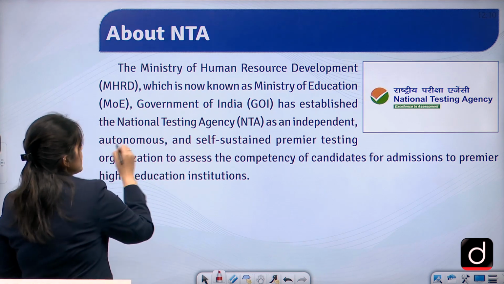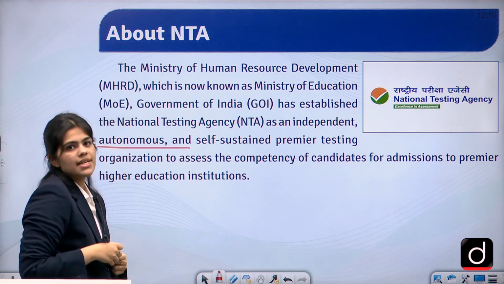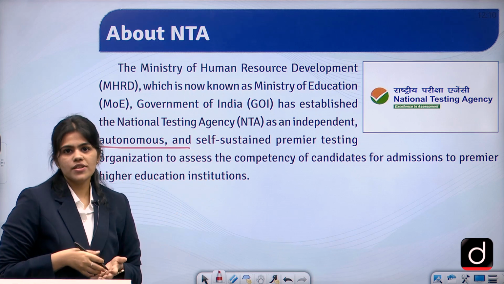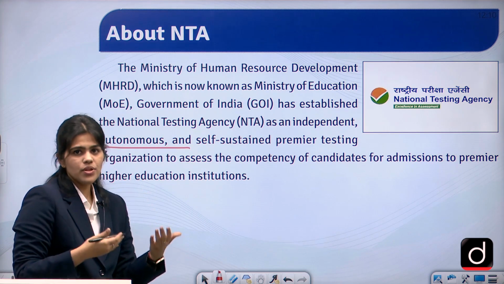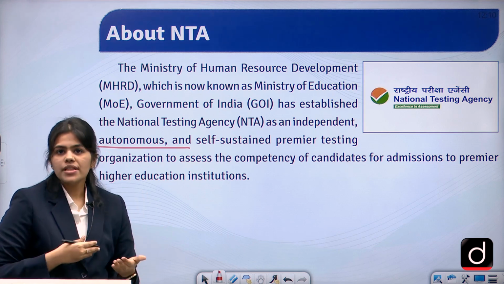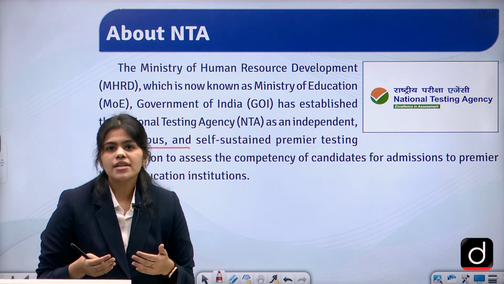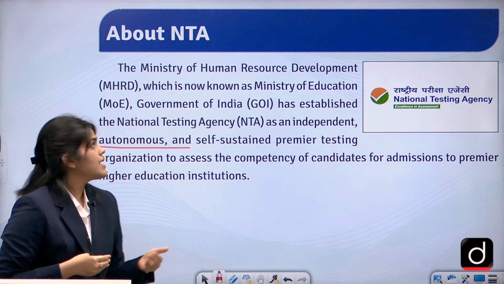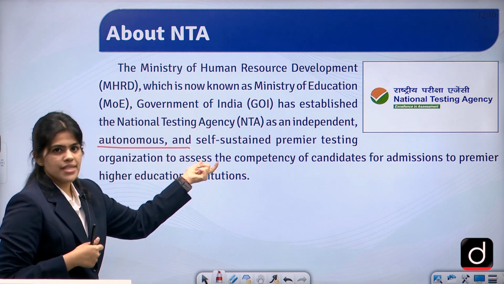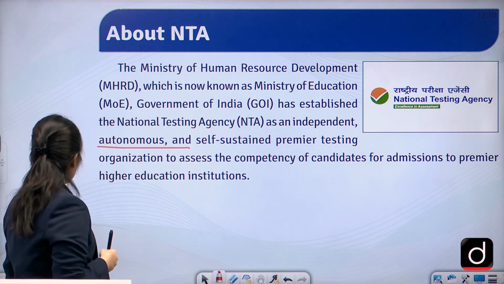It is an independent, autonomous, self-sustained premier institute that will look at the competency of the students and how smoothly the exams are conducted. So however you fill the exam and how your scorecard is generated, everything is dealt with by the National Testing Agency, the NTA.